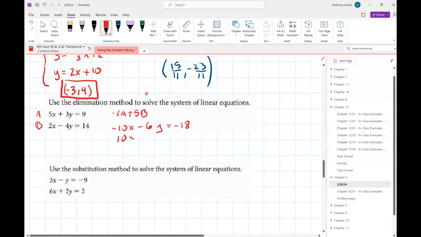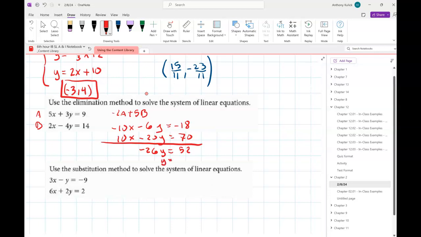Or if you had elected to try to eliminate the y's, you could have just multiplied there by positive numbers because one of them was already opposite signed.